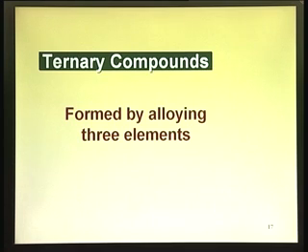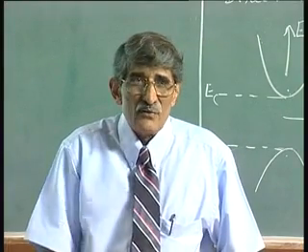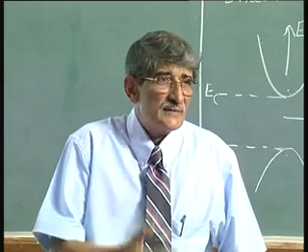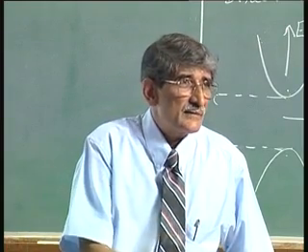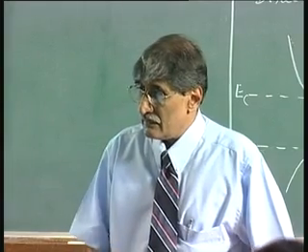Ternary compounds, we have not finished yet. Binary we have finished, and in binary we had 2-6, 3-5, 4-4, and out of them, after all the searching, we found the 3-5, among them gallium arsenide, indium phosphide, gallium nitride, may be the ones which we can use. Now, ternary.